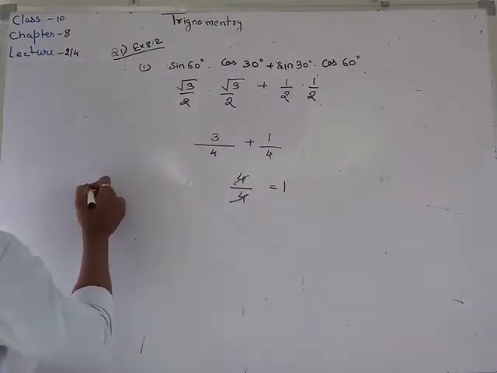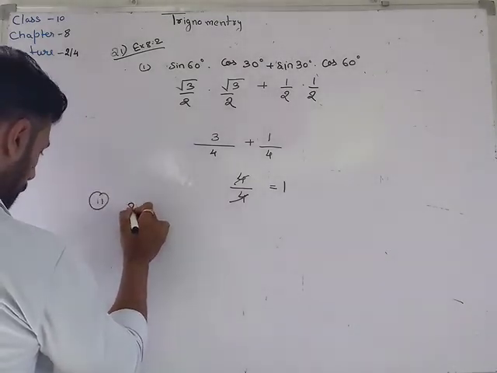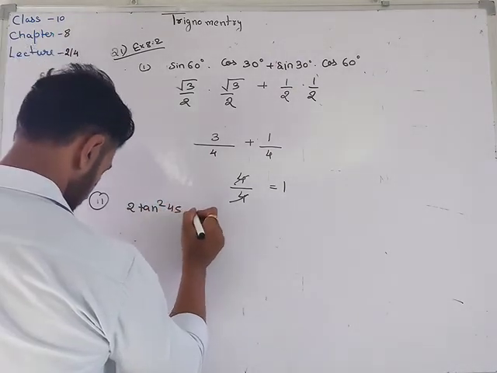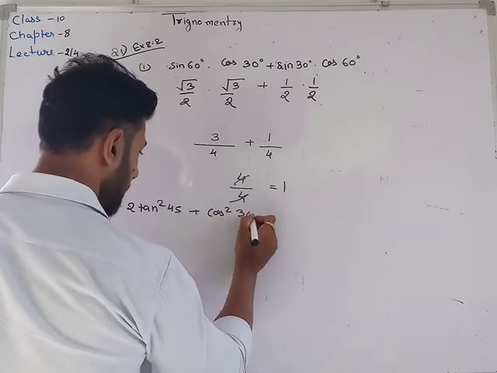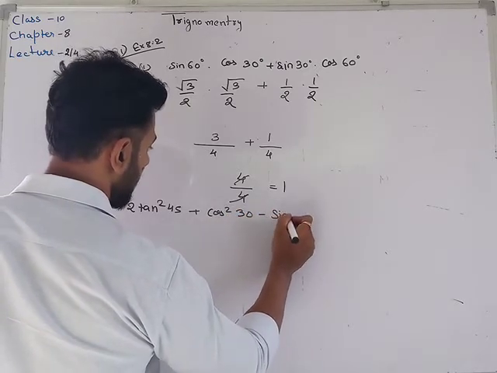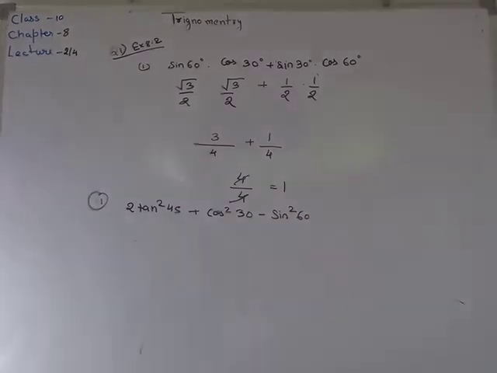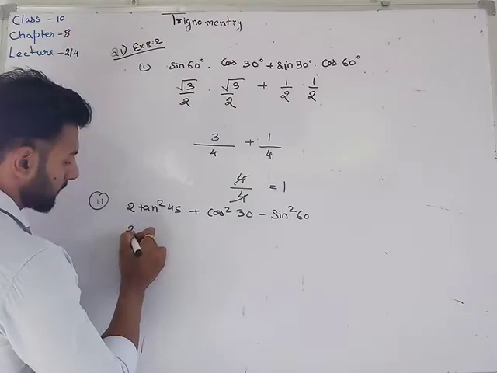One more question is there. 2 tan square 45 plus cos square 30 minus sin square 60. We have to solve this. Now this constant 2 will remain the same.